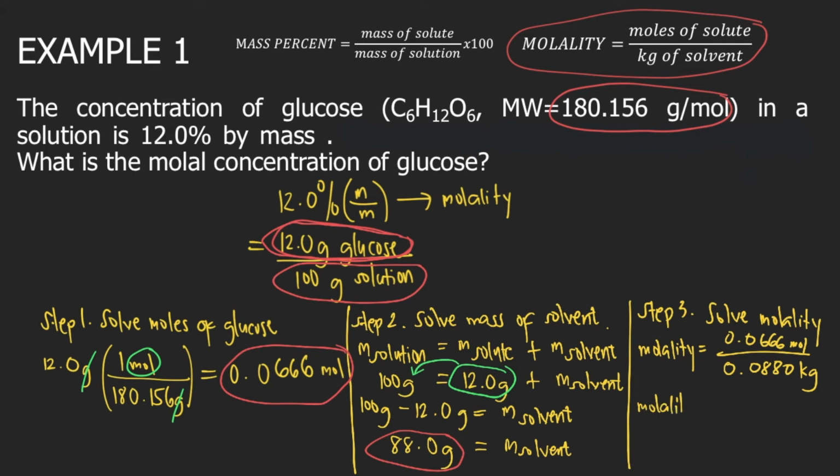So molality is equal to 0.0666 divided by 0.088, and that is equal to 0.757 mole per kilogram, or 0.757 molal. And this is the answer to the question.